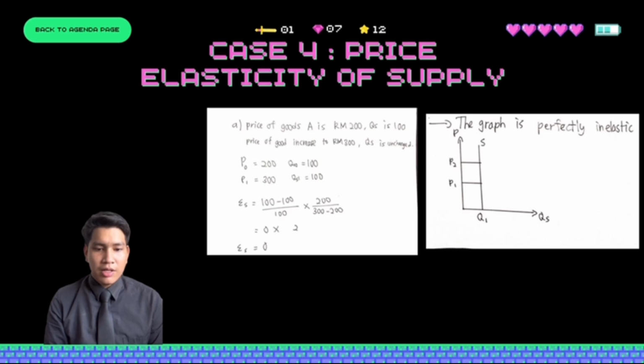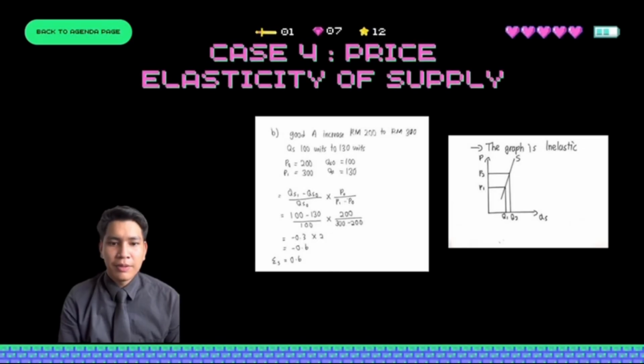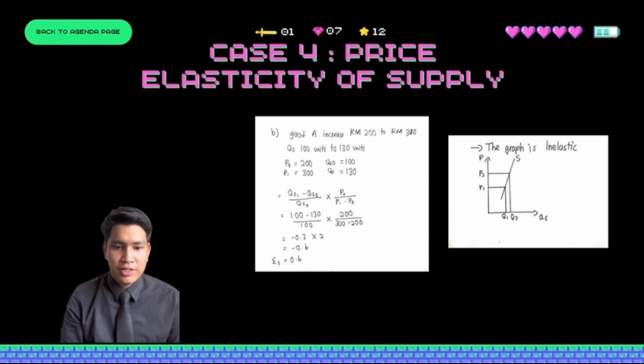Suppliers will sell the same number of goods or services regardless of the movement of price, even when price increases from P1 to P2. The graph is shown in the slide. Case 4B. The calculation is shown in the slide. The answer, elasticity of supply, is 0.6. The graph is inelastic.